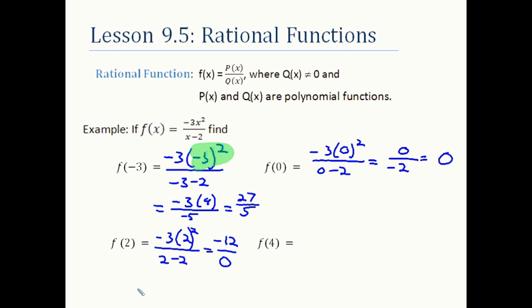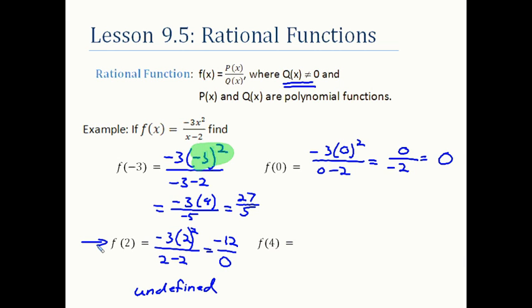This is undefined. And that fits the case up here at the top under our definition of rational function. Q of x can't be 0, or when we put a value in for x, it can't make the denominator 0. So in this example, the denominator did equal 0, and so it's undefined there.